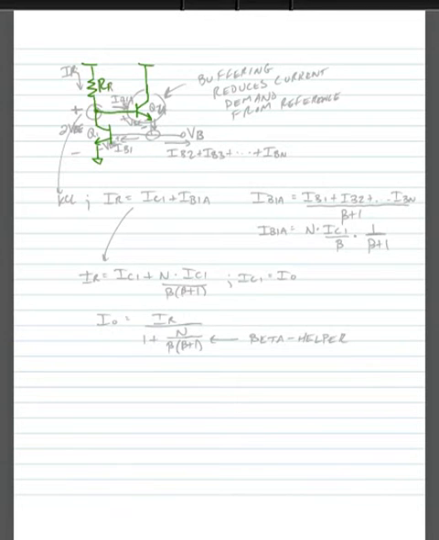So here we have the same RREF, we have an IREF, this voltage would be our VB, and we'll call this transistor Q1 and this transistor Q2.